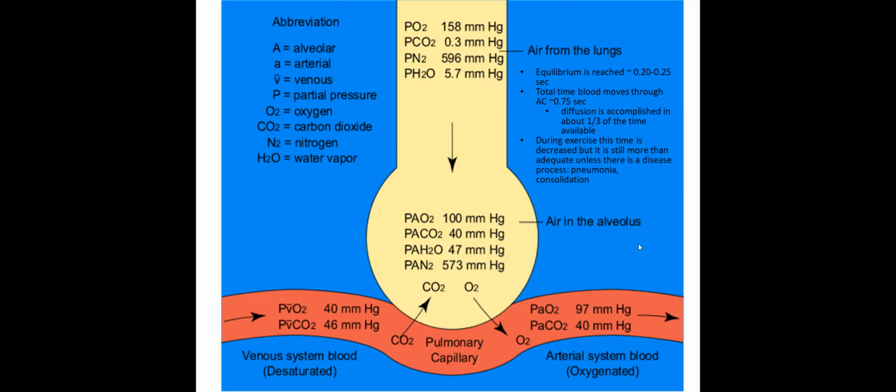Carbon dioxide, on the other hand, has a partial pressure of 46 in the capillary. And in the alveolus, which is where it needs to go, it's only 40. So there's only a driving pressure of 6 millimeters of mercury here. So carbon dioxide doesn't diffuse through there as much.